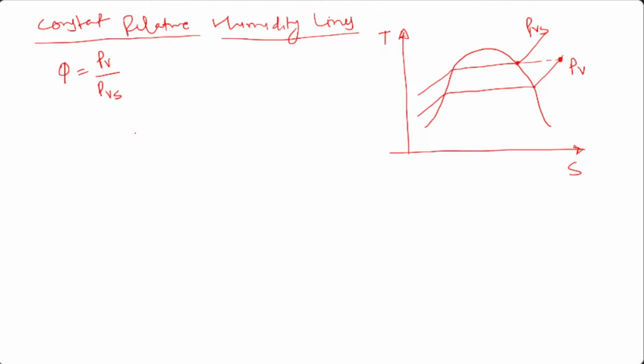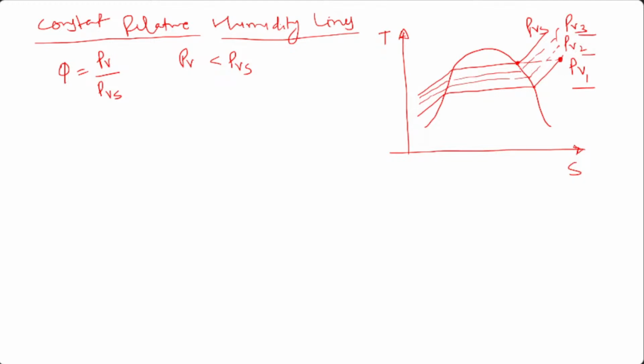Yes, sir. So if we see, PV is less than PVS. Similar to that, we can have a number of these; let's say this is PV1, this is PV2, this is your PV3.